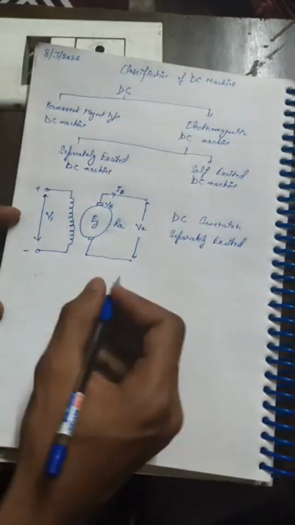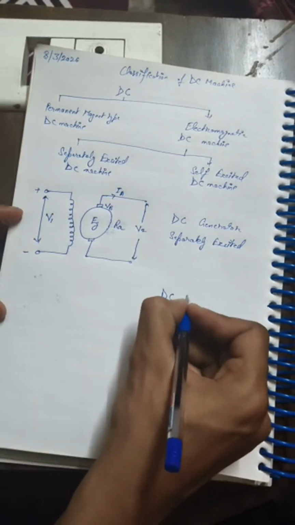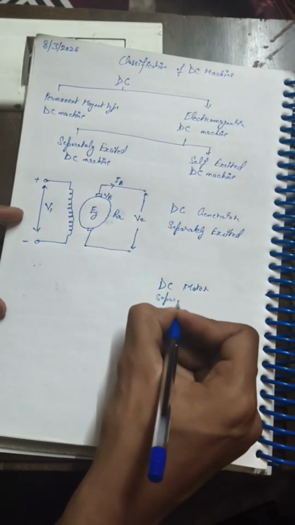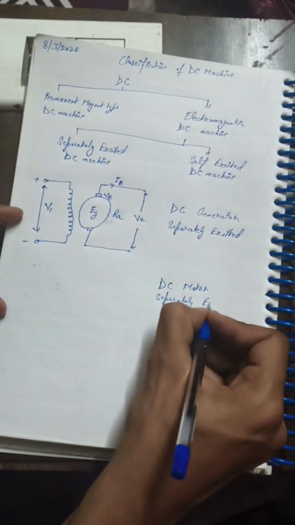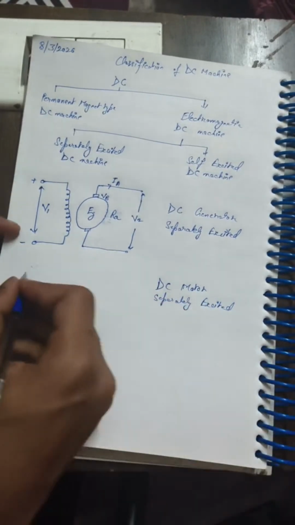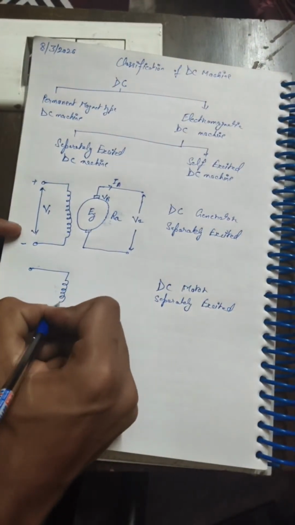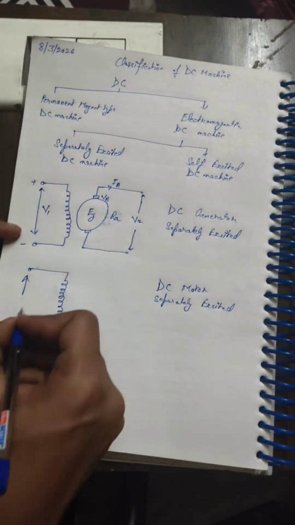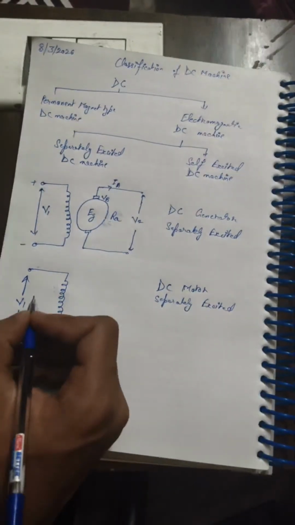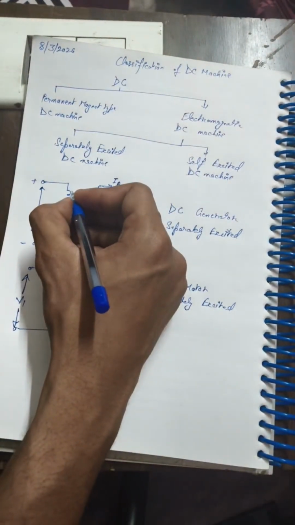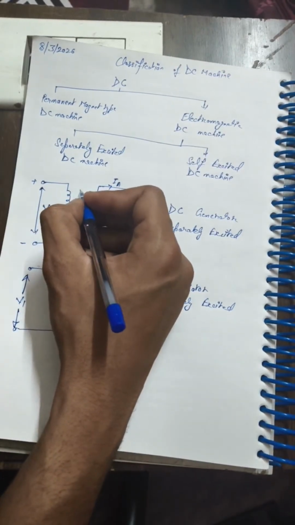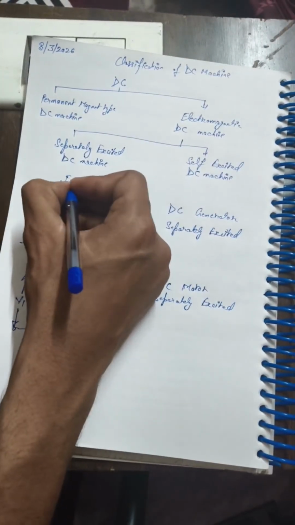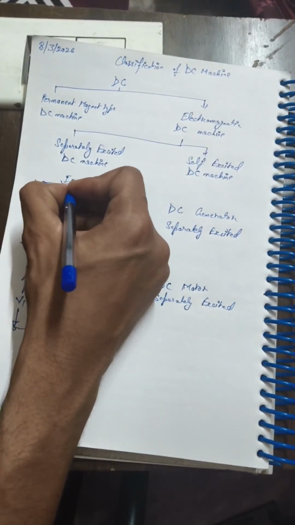Now for the DC motor, which is separately excited, the V1 voltage is applied to the field winding, whose resistance is Rsh, and the current flowing is IF.